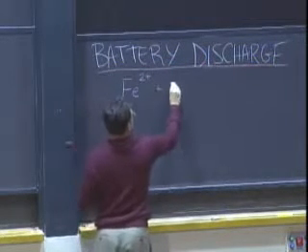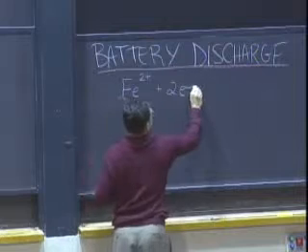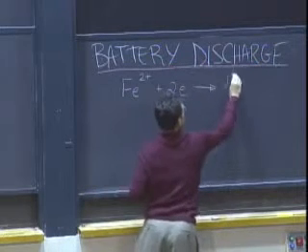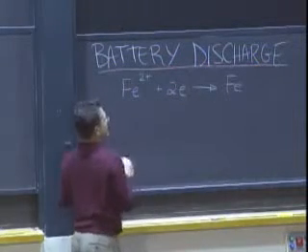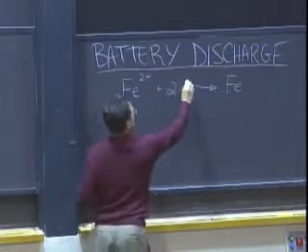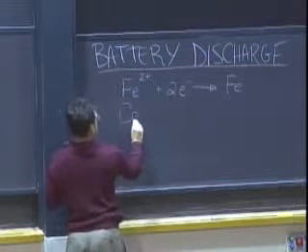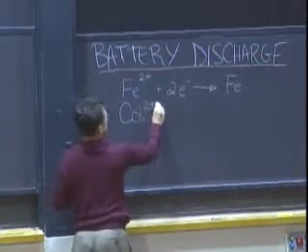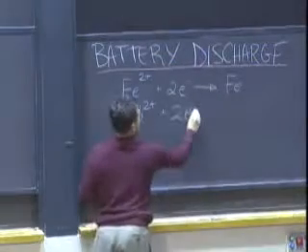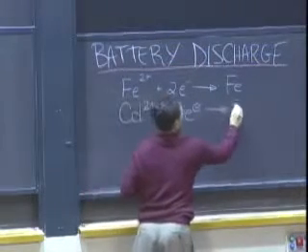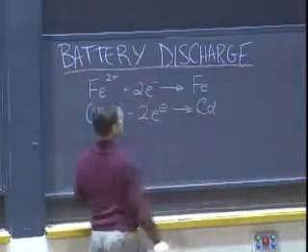Fe2+ plus 2 electrons going to Fe metal. And the other material will be Cd2+ plus 2 electrons going to cadmium metal.